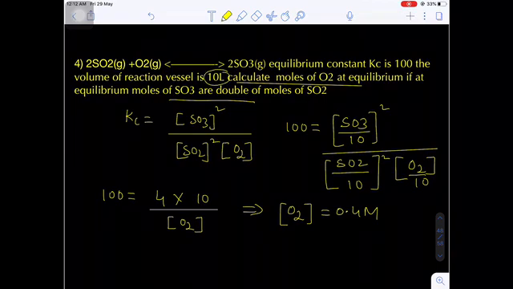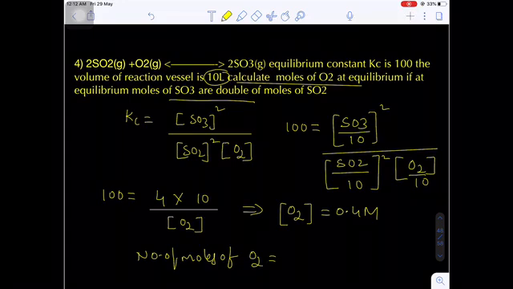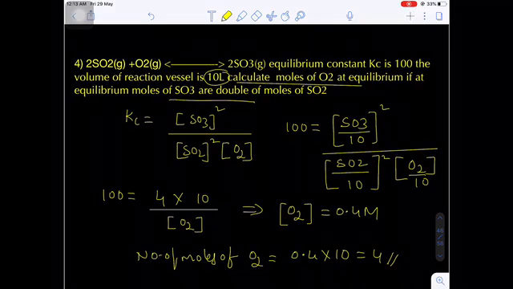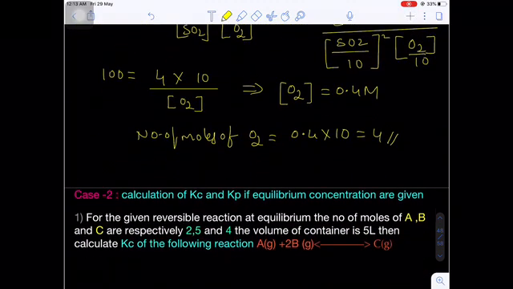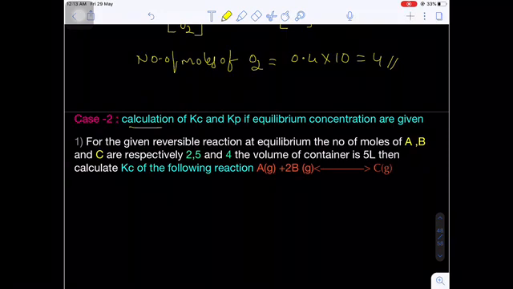So the number of moles of O2 is equal to the concentration multiplied by the total volume of the vessel, that is equal to 4 moles.